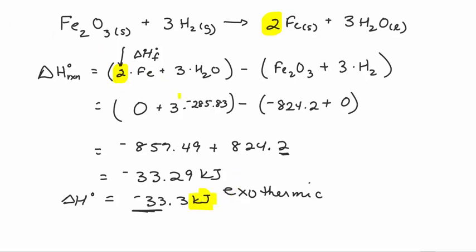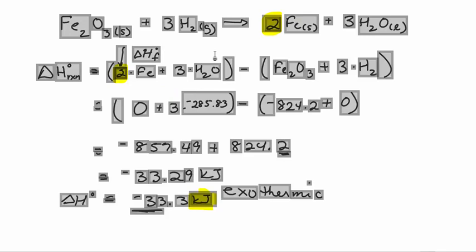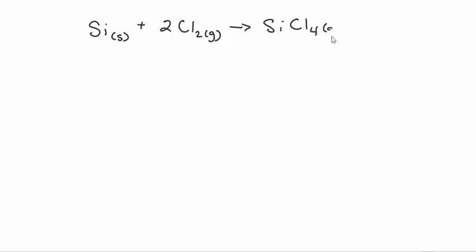Let's try another one. So if we have silicon, and this is solid silicon, plus 2 moles of gaseous chlorine to form our silicon chloride, then in order to find the delta H of this reaction, we need to find the H of formation of the silicon chloride minus the H of formation of silicon plus 2 chlorine.